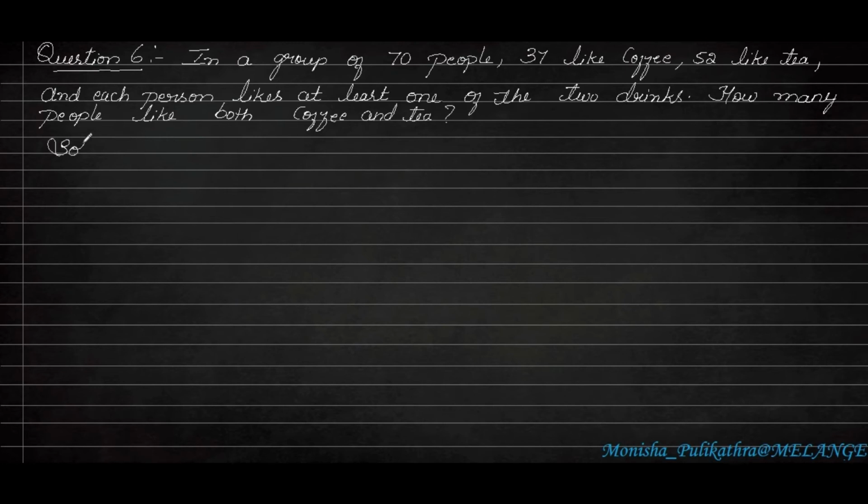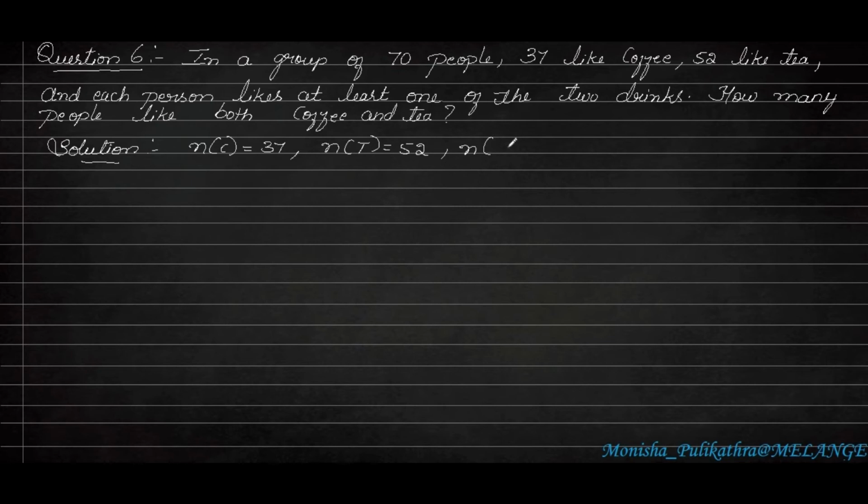Here in the sixth question, in a group of 70 people, 37 like coffee. So the number of people who like coffee is 37, and 52 like tea. So the number of people who like tea is 52, and each person likes at least one of the two drinks. How many people like both coffee and tea?